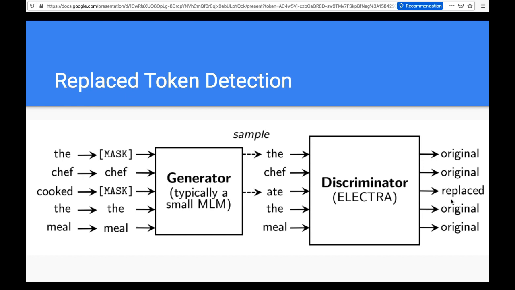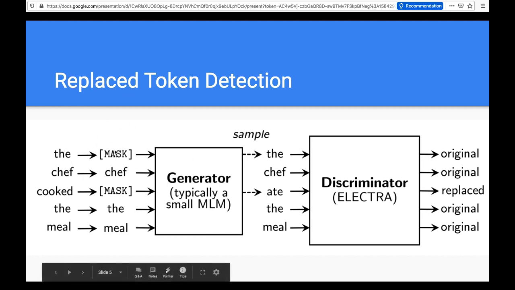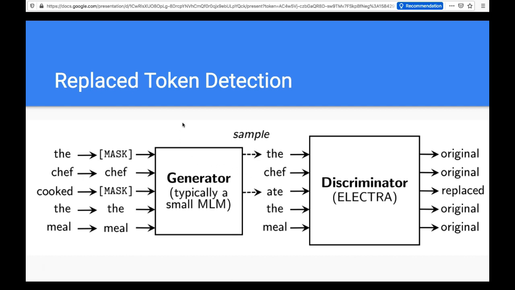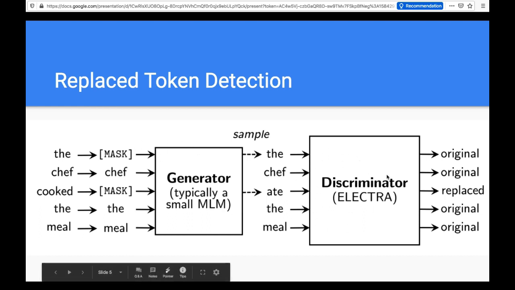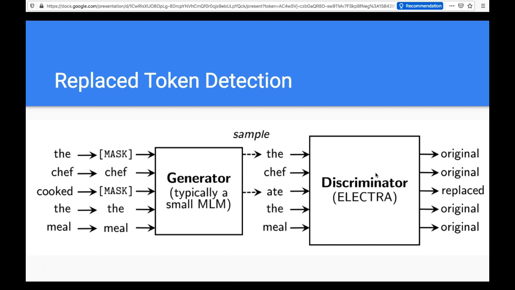The typical BERT approach is that we get a masked input and try to predict the masked token. ELECTRA does a different thing. We not only have the generator, we also have the discriminator, and the discriminator is our main thing, where we try to predict whether each token is replaced or not.